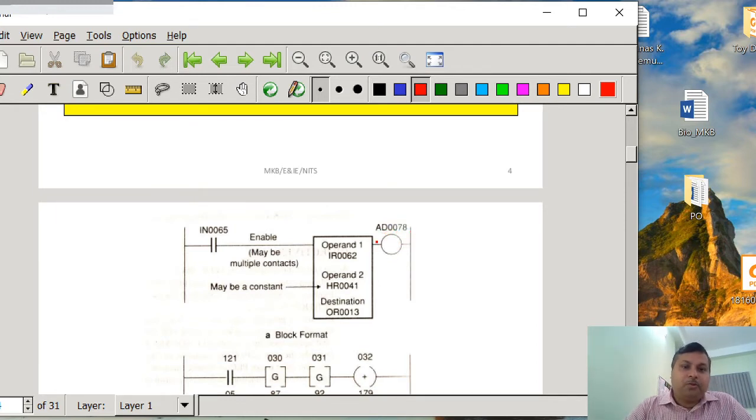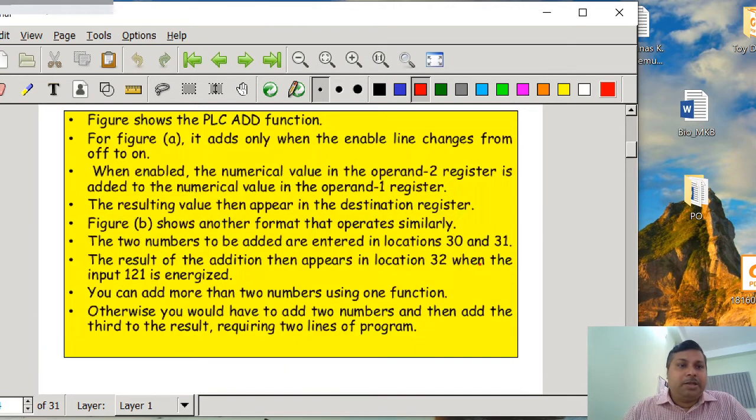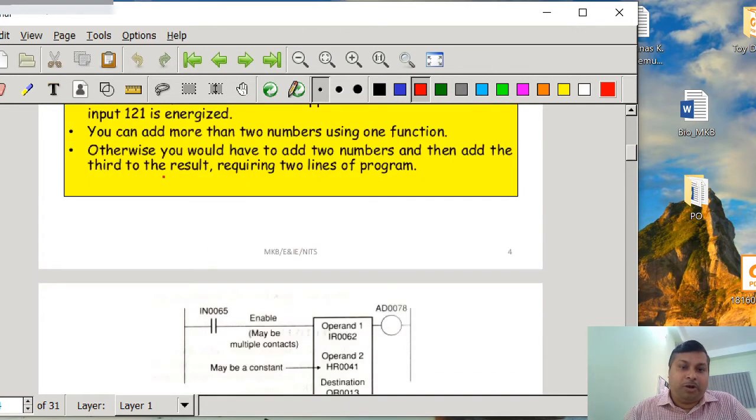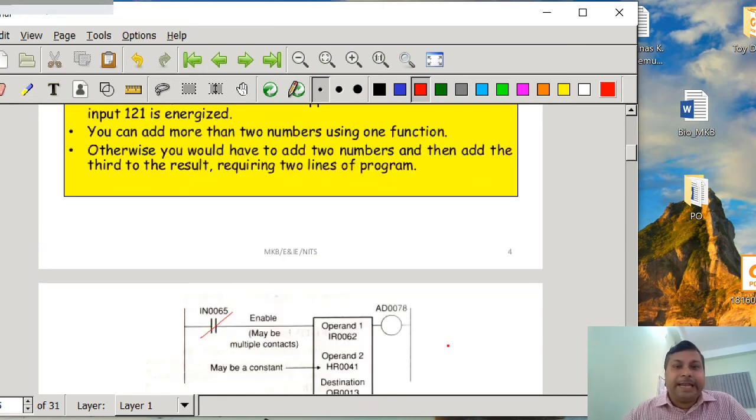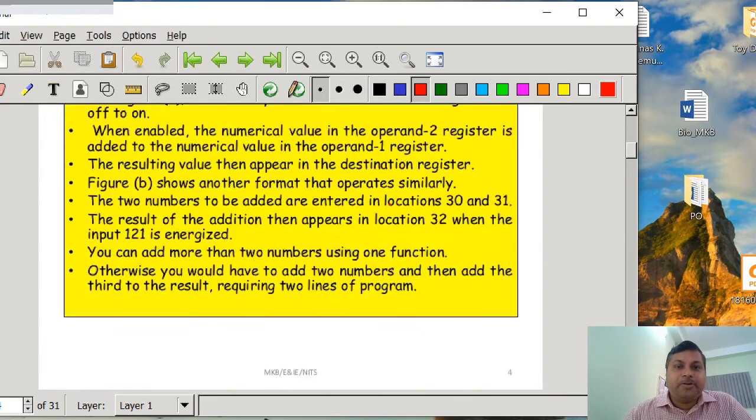Now we have to understand how it is going to work. In the figure, it adds only when the enable line changes from off to on. Here it is normally open, so when it is closed it goes on, and the addition operation is enabled. Now how is it going to add?